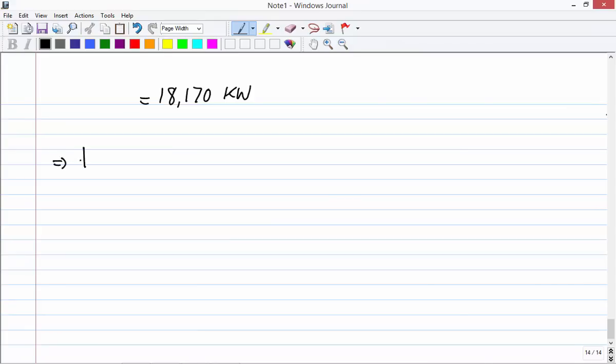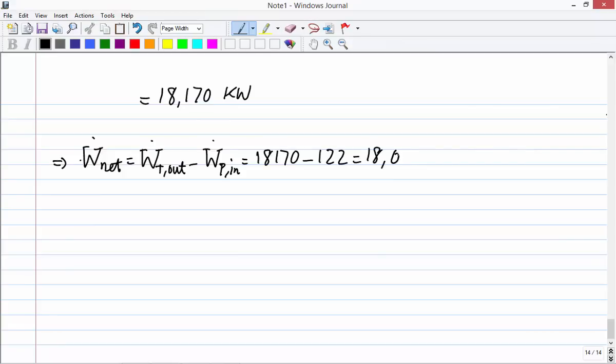The net work is W dot turbine out minus W dot pump in that we found about an hour ago, minus this guy gives us this.